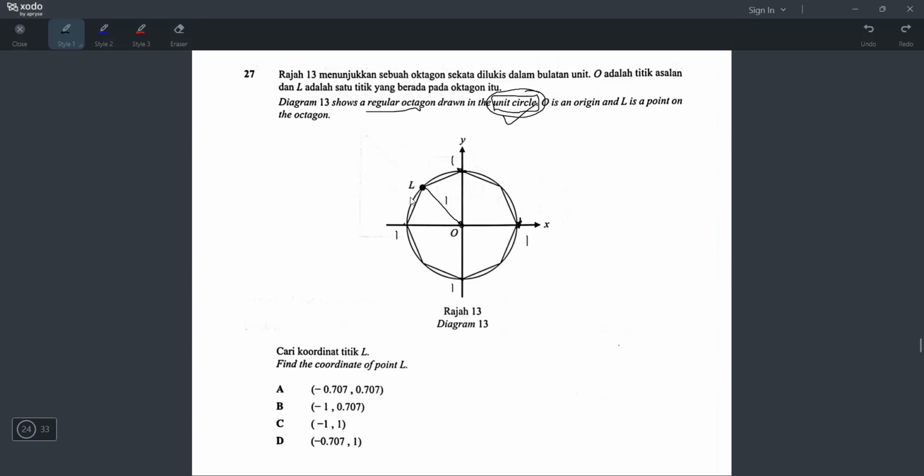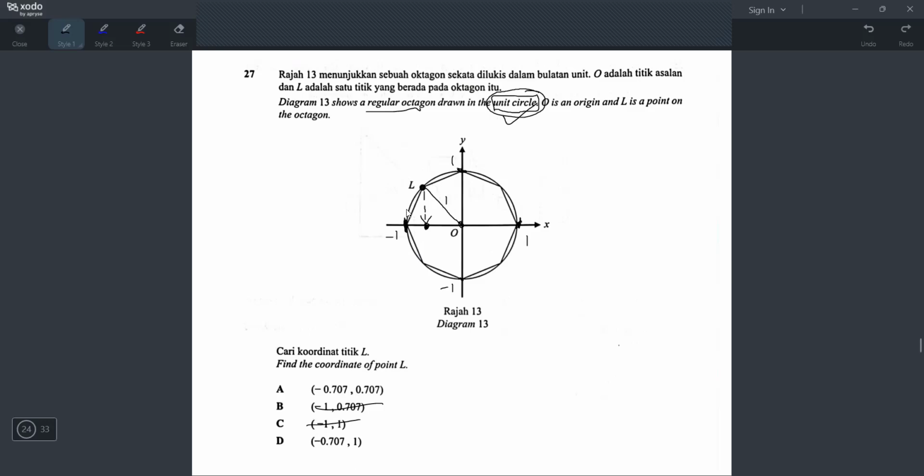If you use logic, you know the x coordinate is negative for sure. But you know it cannot be negative 1, because negative 1 is here, so this must be less than negative 1 in magnitude. So you know C and B are out already. So it's either A or D. You understand, right?